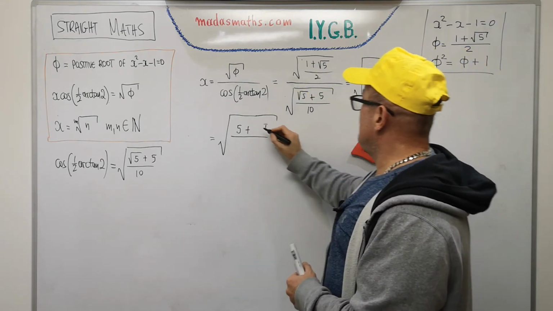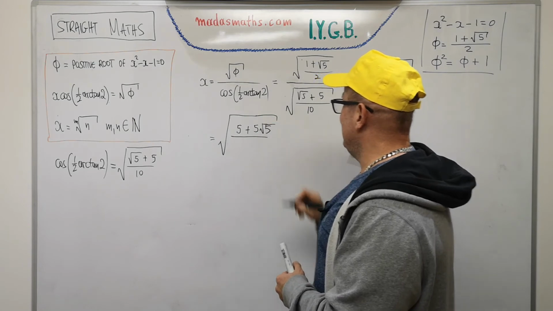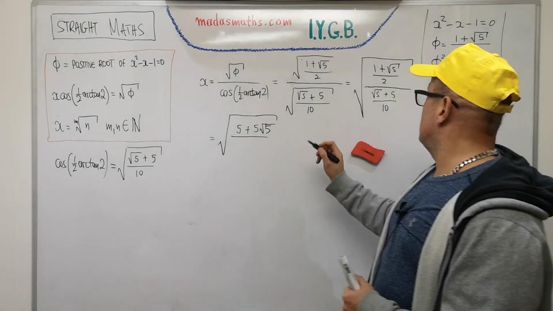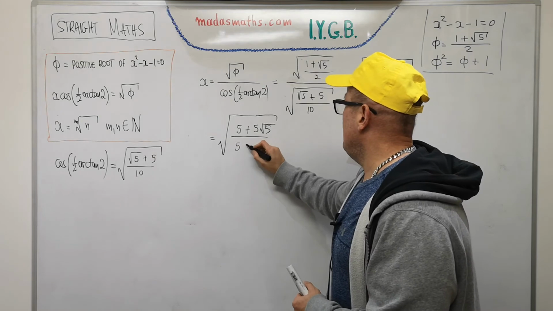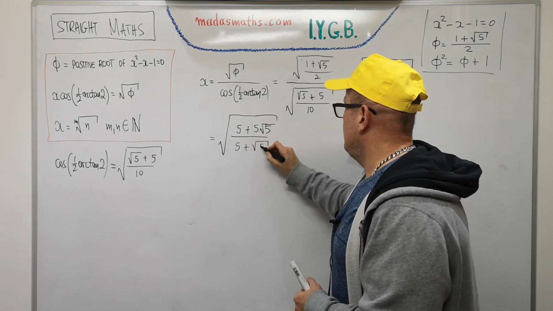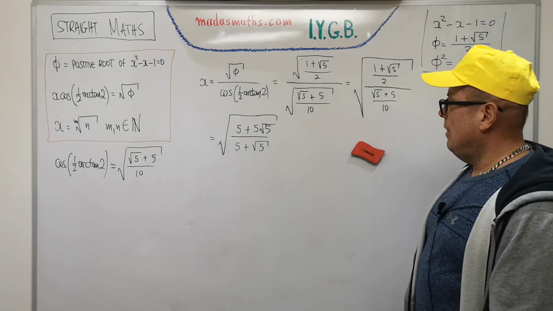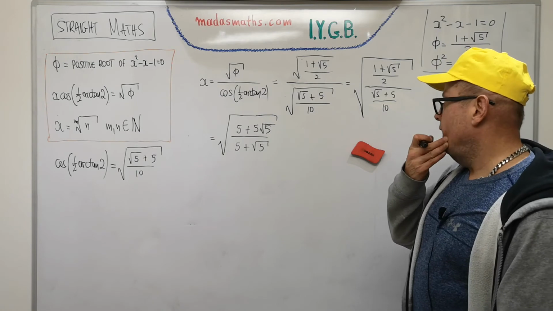Times it by 5 is 5 plus 5 square root of 5. I hope I haven't made any mistake like that stupidly in the workings up to here. And at the bottom I've got 5 plus root 5. Okay, it doesn't cancel, nothing cancels in there. Lots of 5s in all of this.